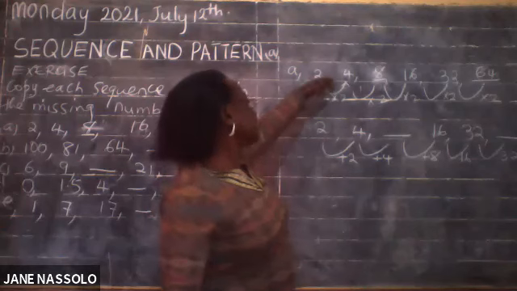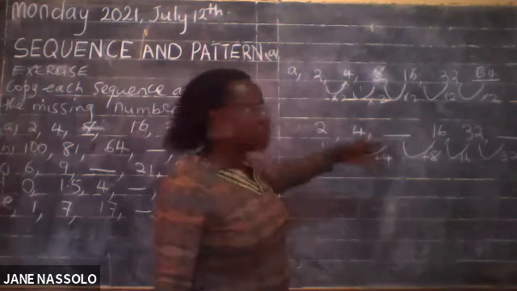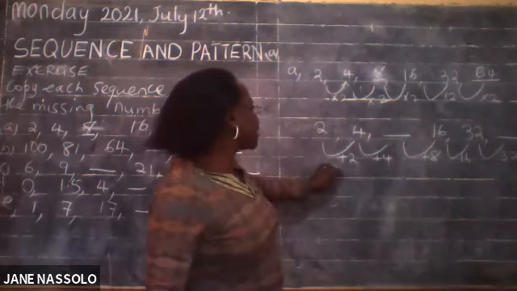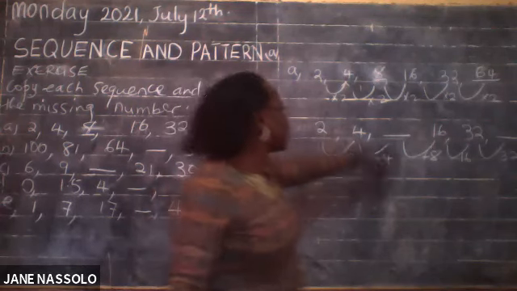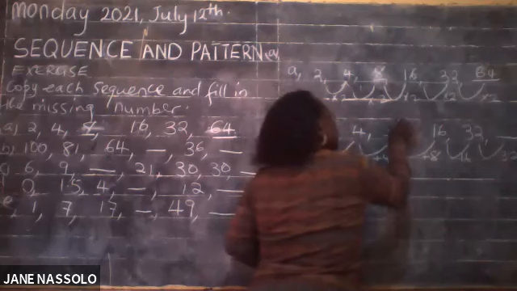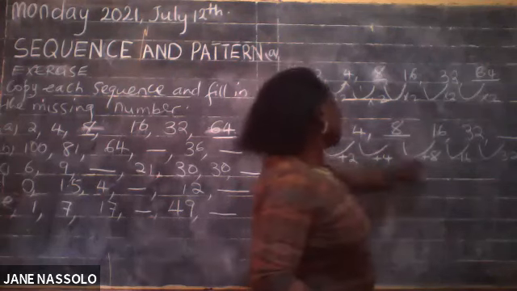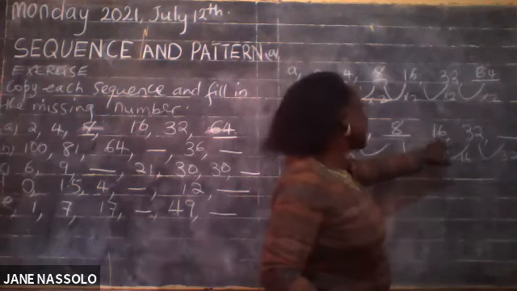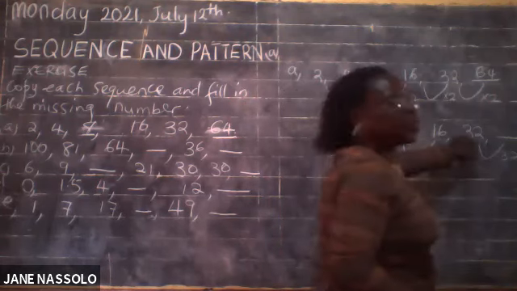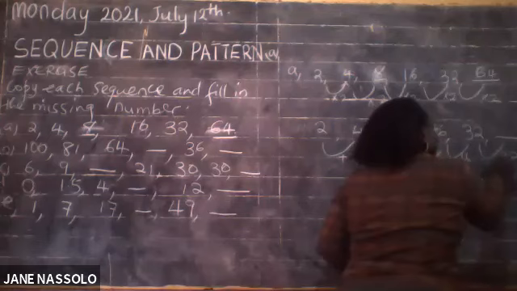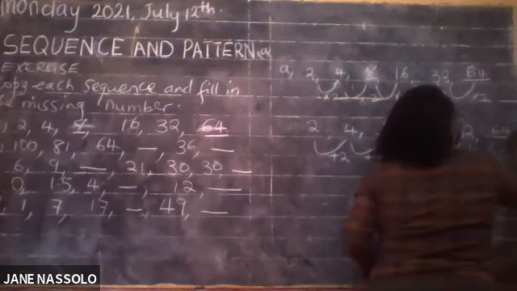Here we have 2 plus 2 will give us 4. Then 4 plus 4, we shall get 8. And 8 plus 8, we shall get 16. 16 plus 16, we shall get 32. And 32 plus 32, we shall get 64.